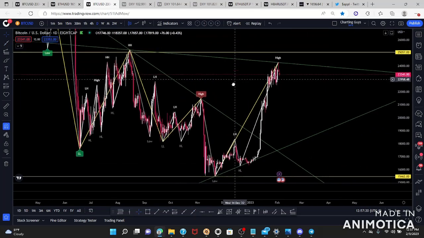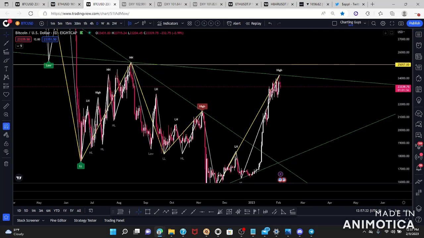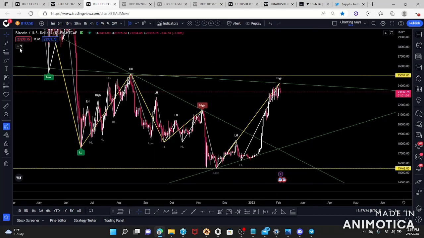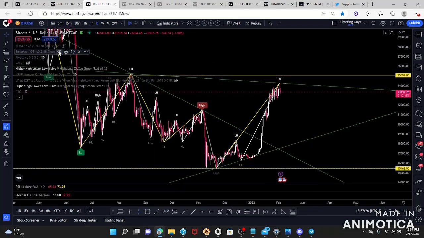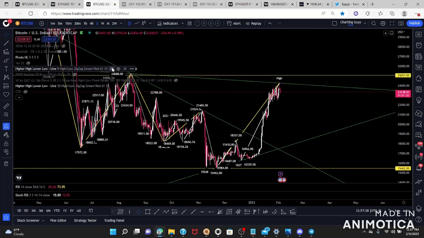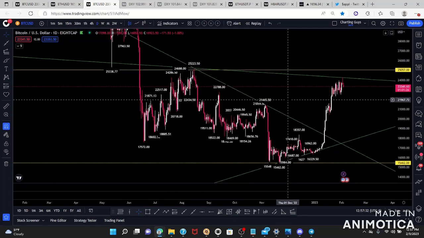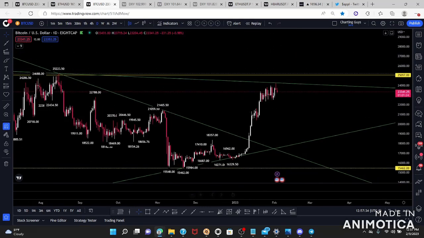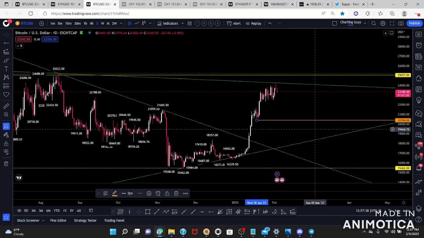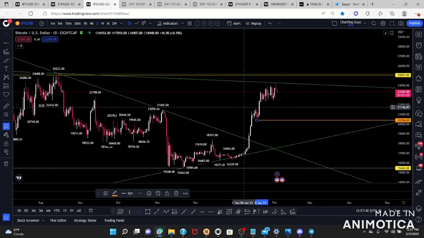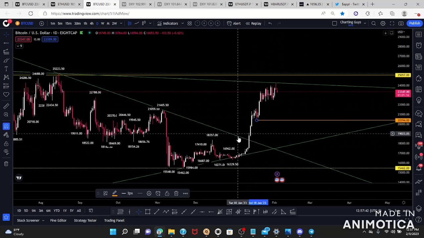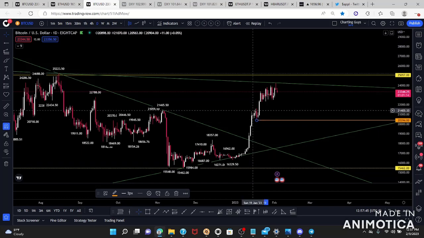Okay, once you set your trend lines, you want to find your daily range. How do you find your daily range? Ranges are based on support and resistance, right? So my daily range, you want to find the highs and lows. So this is a support because there was a consolidation here, and if you could see the wicks are resting.